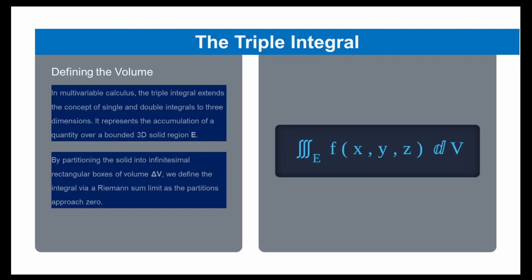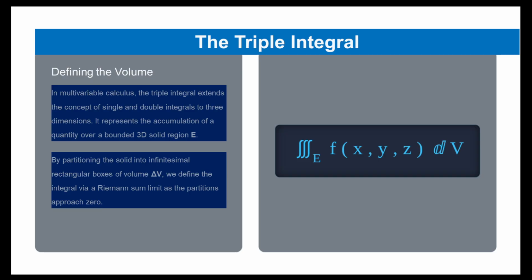Now, defining the volume and triple integrals first. Let's see how triple integrals are defined. In multivariable calculus, triple integrals extend single and double integrals into three dimensions. The idea is based on accumulation. Suppose we have a solid region called E, and we divide this large solid into many very tiny rectangular boxes.